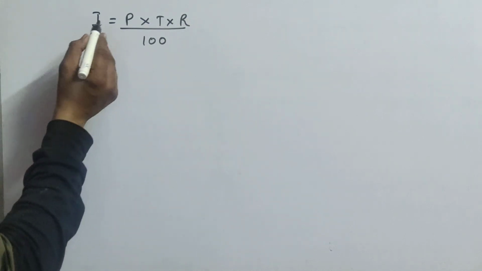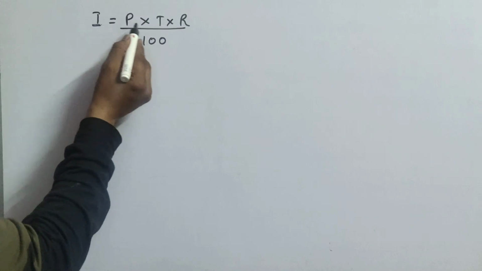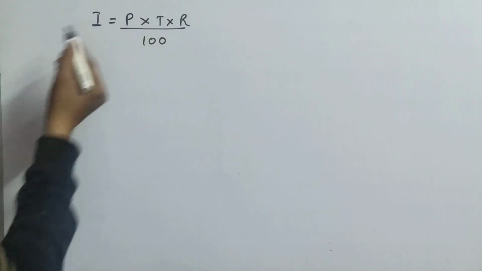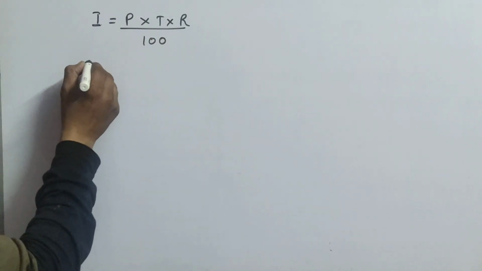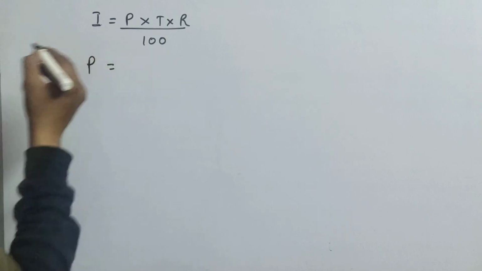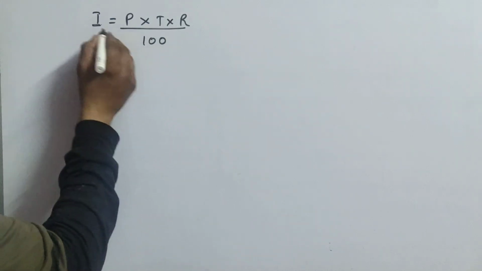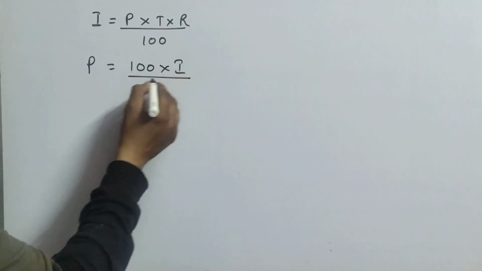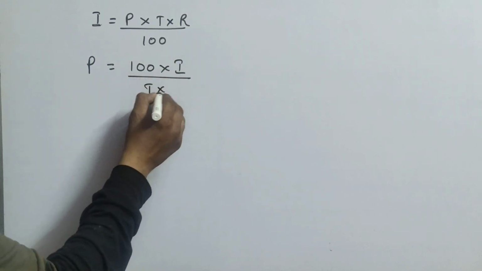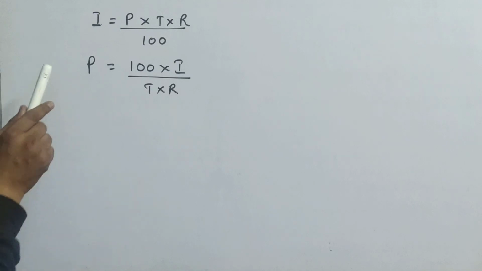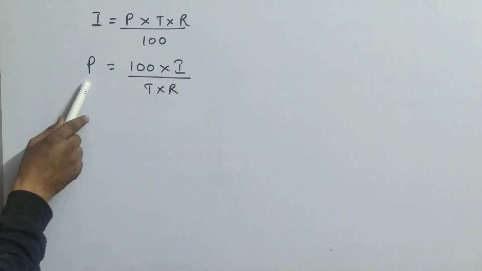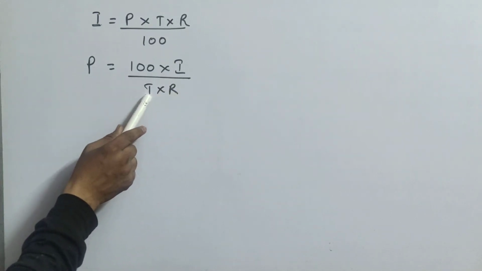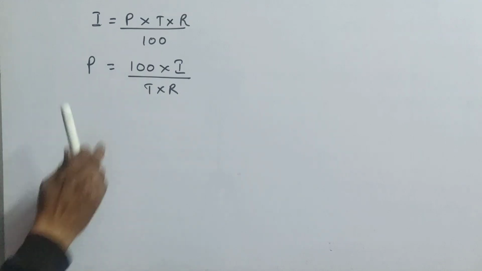Suppose they give interest, time and R and they ask for P. So we have a direct formula to find the principal: principal equals 100 into I by T into R. That means when he asks for the principal, he will give interest, time and rate of interest.